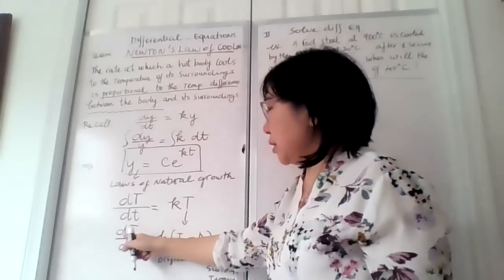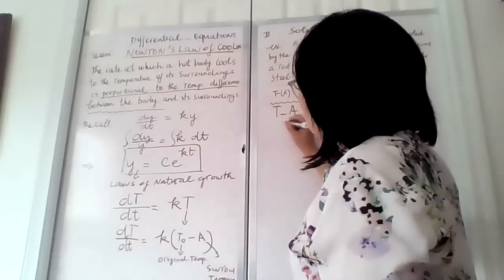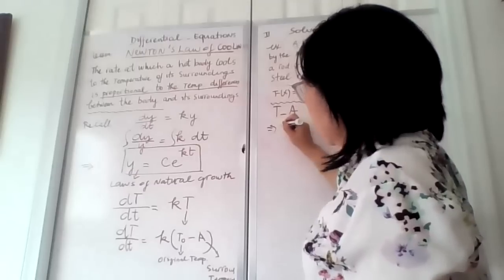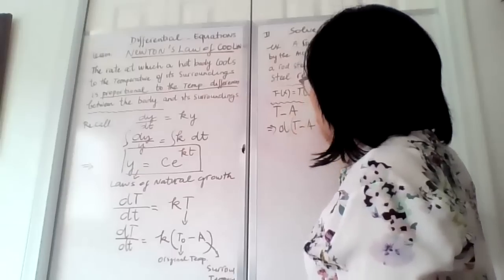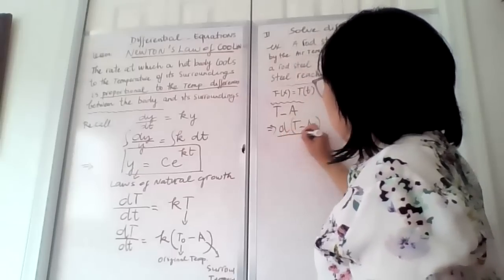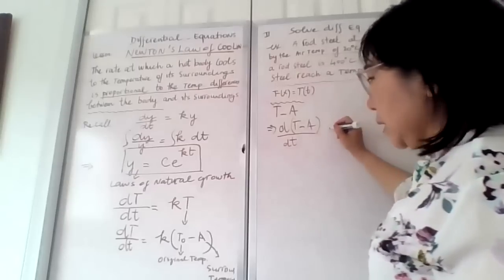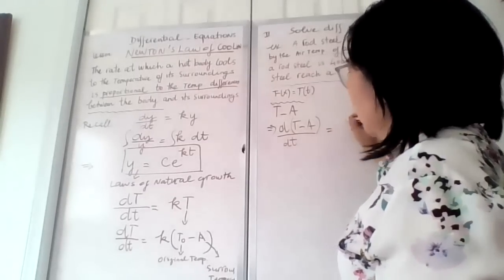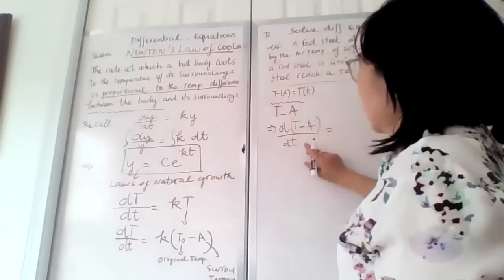So instead of the derivative of only this, we have d of (T minus A) over dt, the derivative with respect to time, equal to this.